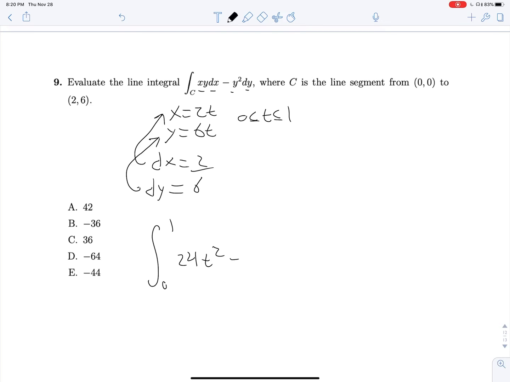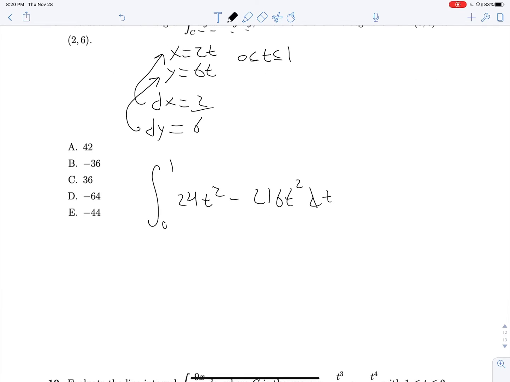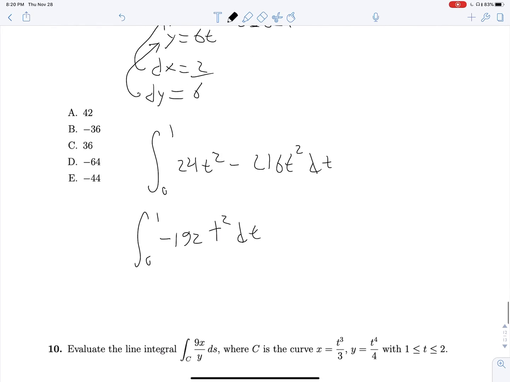And then we're subtracting y squared dy, which will be 6 times 6t quantity squared dt. So this will be 216 t squared, and 24 minus 216 is going to give us an integral from 0 to 1 of negative 192 t squared dt.